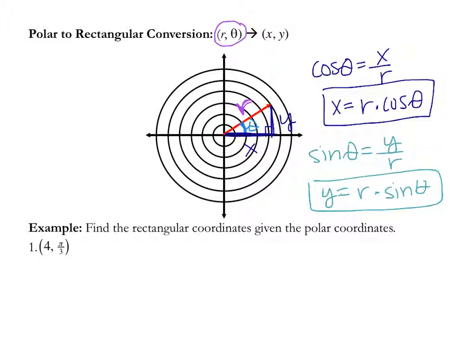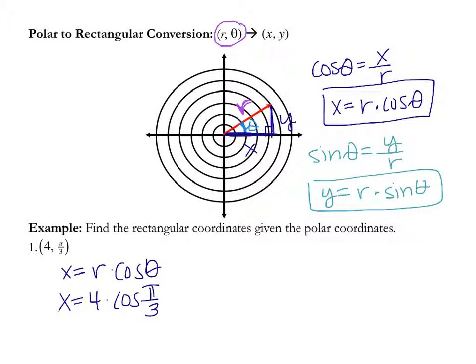So in example number 1, if I want to change from polar coordinates to rectangular coordinates, I'm going to start by using the formula for x. That's going to be r times cosine theta. So x is going to be 4 times cosine of pi over 3.